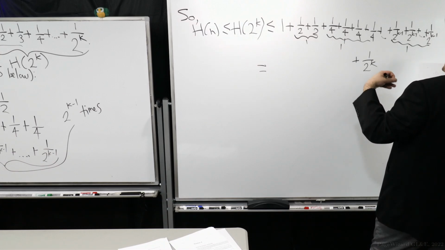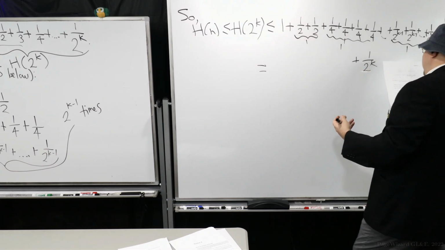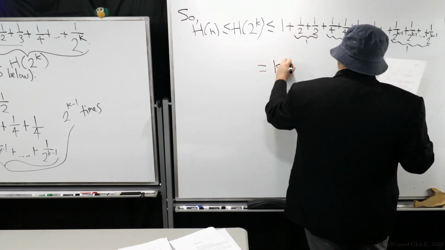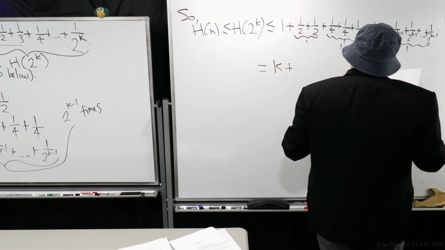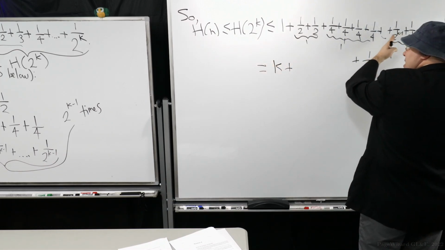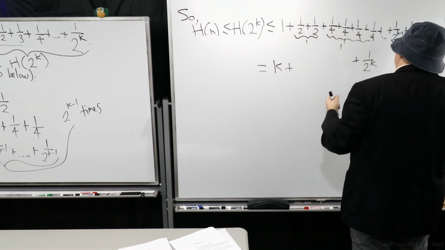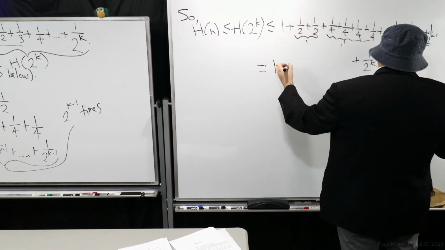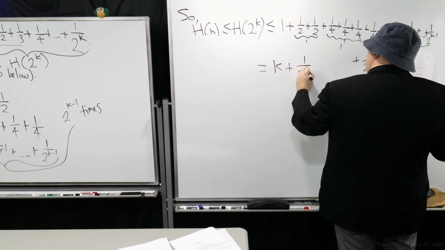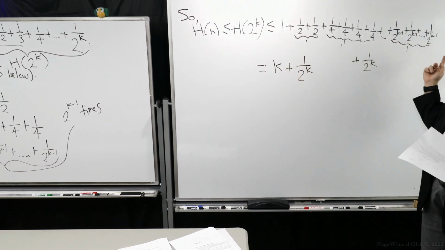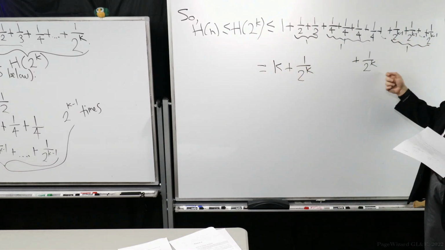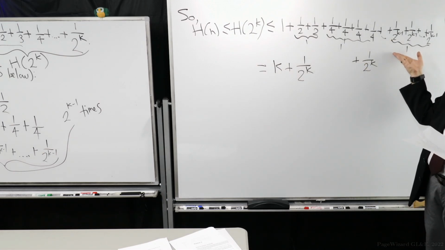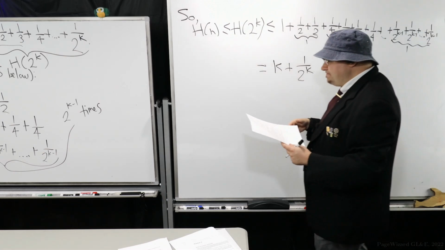So it means it's going to be k minus 1 many of those, then I end up having this 1 here. And I have plus 1 over 2 to the power k. So notice I'm just adding up all the ones, how many there are, and I add 1 over 2 to the power k because that's the last term in this finite series.